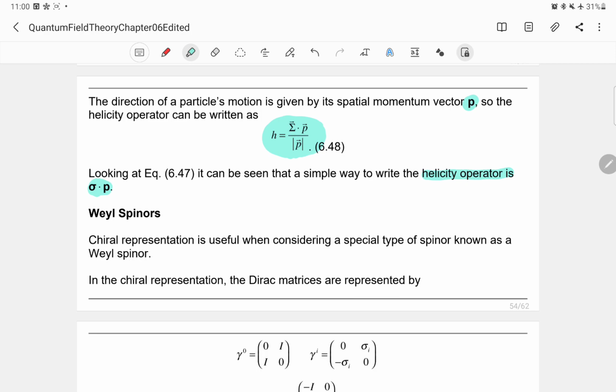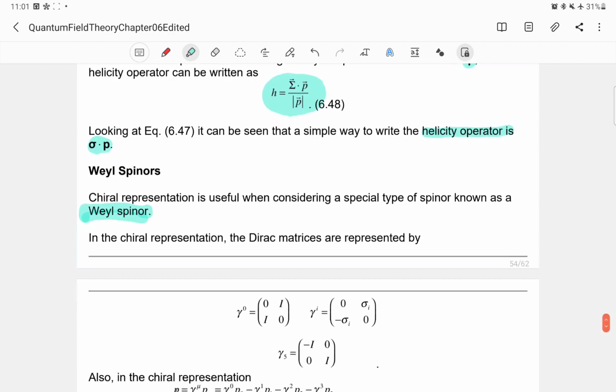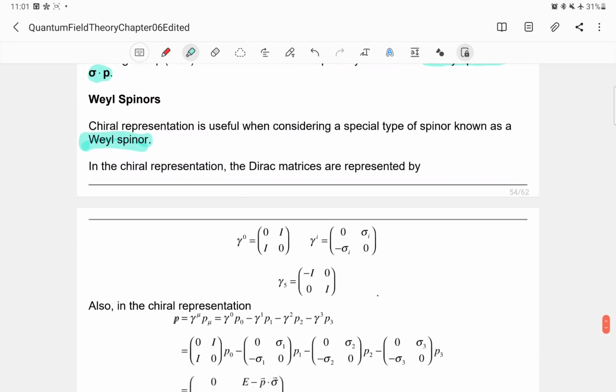Now let's go to Weyl spinors. The chiral representation is useful in considering a special type of spinner known as the Weyl spinor. And by the way, you have the Dirac spinor also, which was discussed earlier.